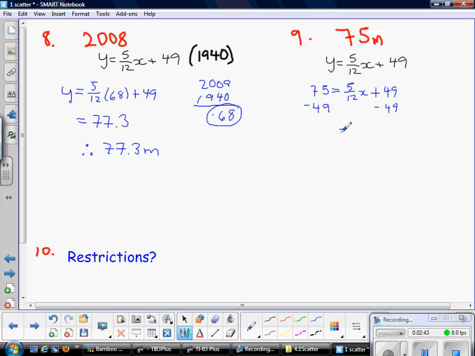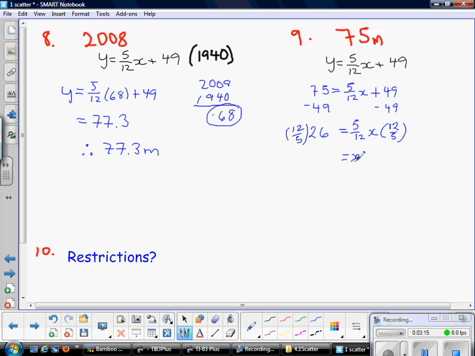And we end up with 26 equals 5/12 x. And we need to divide, or if you want to look at it, multiply both sides by 12 over 5, that way we get x by itself.